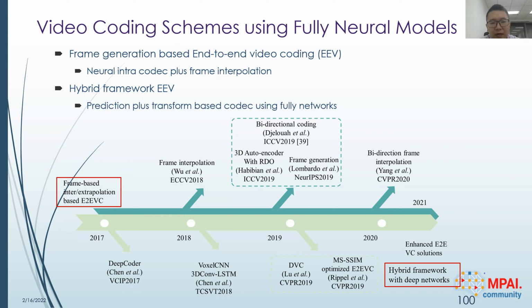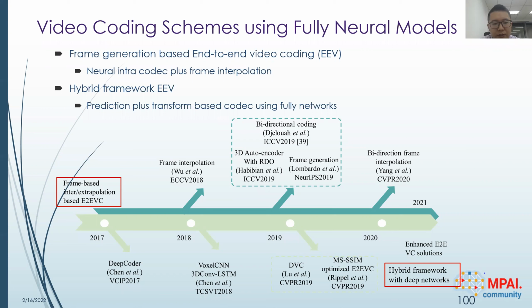In 2018, the frame interpolation-based method was proposed initially, and with 3 years of development, novel approaches have been investigated, such as bidirectional coding and frame generation, and bidirectional frame interpolation. As for the second part, the hybrid coding framework using deep neural networks, several typical models are also presented.